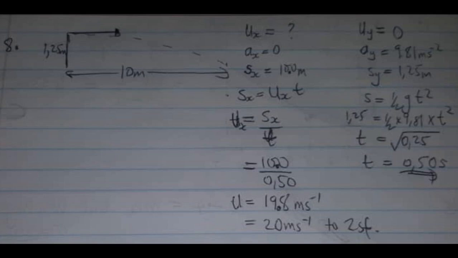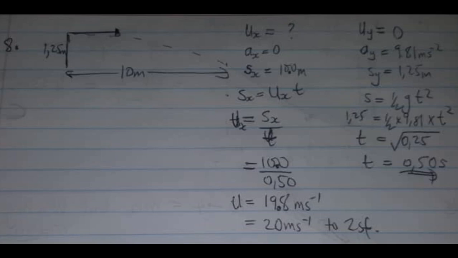That's the ux that you want to find. And then in the y, it starts moving horizontally, so there is no vertical speed. Acceleration in the y is 9.81 and the distance is 1.25 meters.